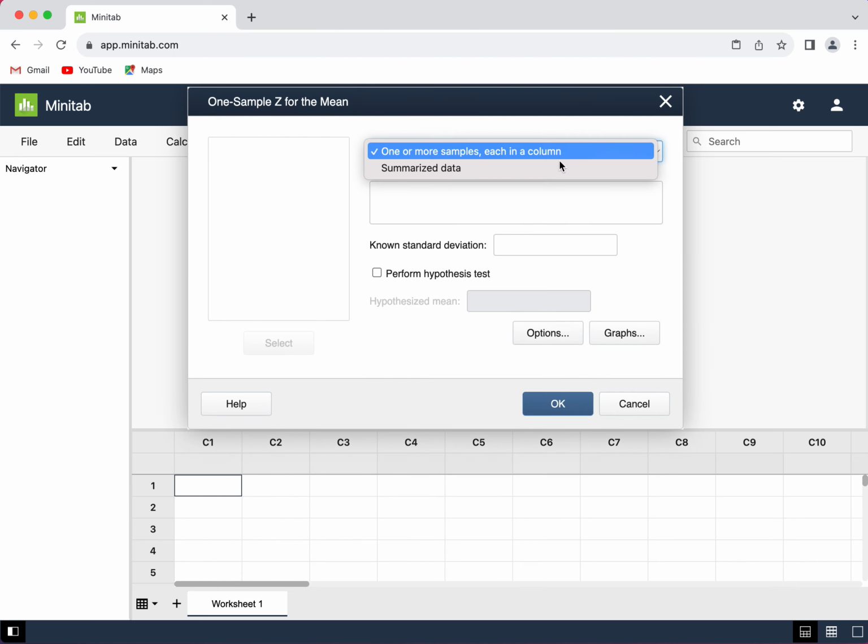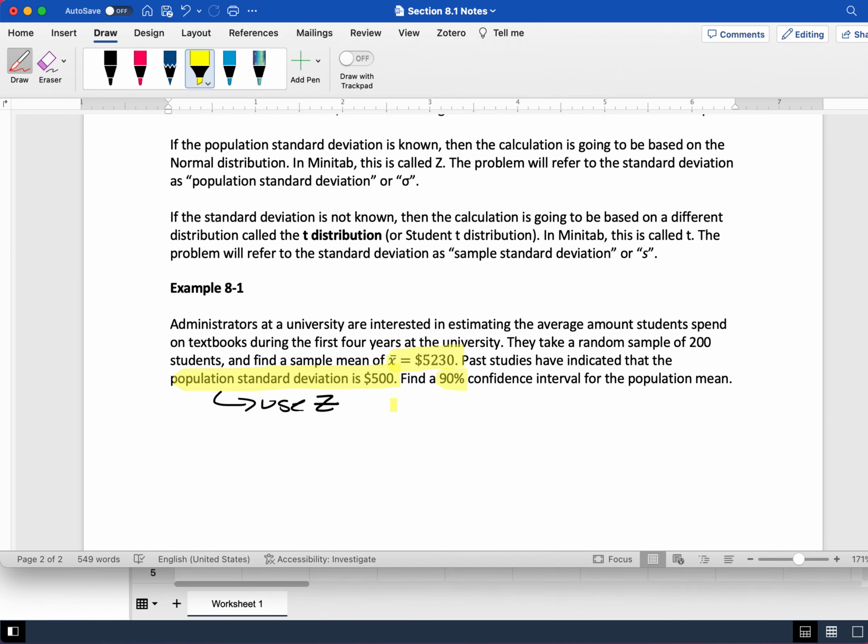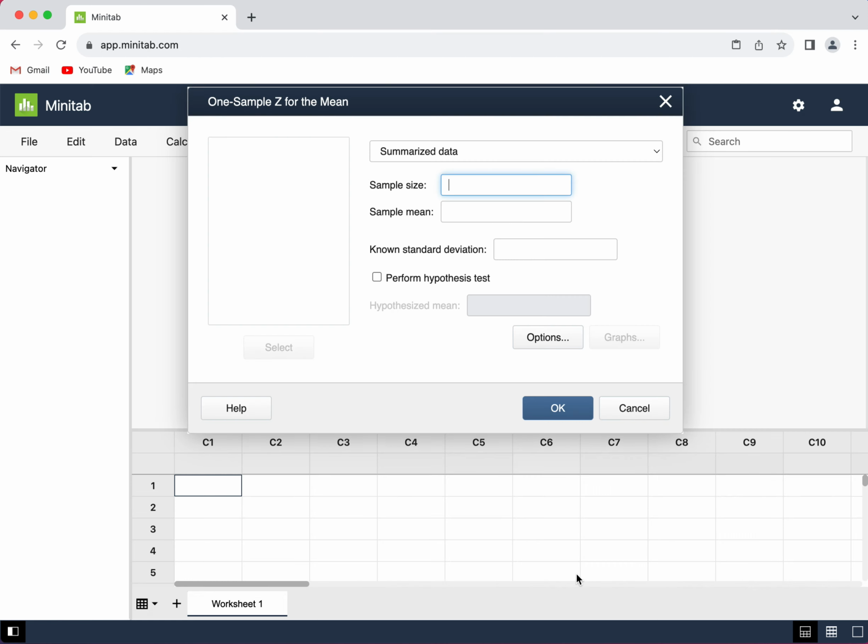I'm going to switch this drop down to summarize data and enter my sample size, sample mean, and known standard deviation. So my sample size here was 200. I didn't highlight that, but I could have. Sample mean 5,230, and my known standard deviation was 500.